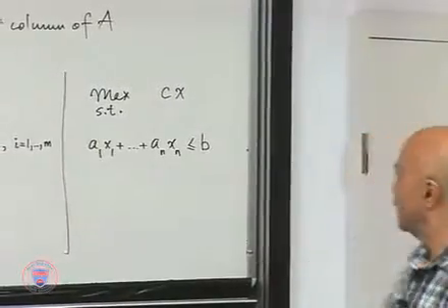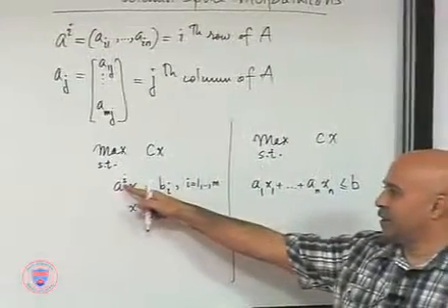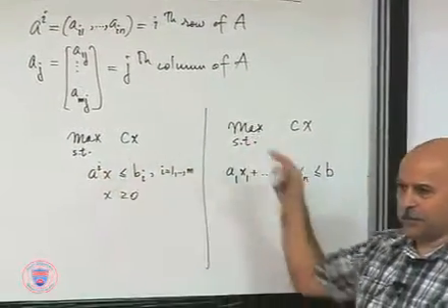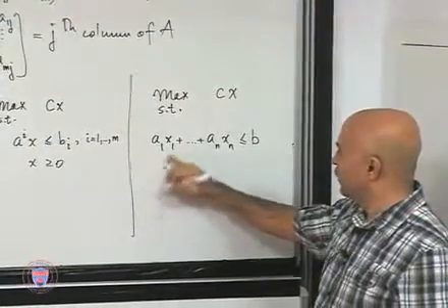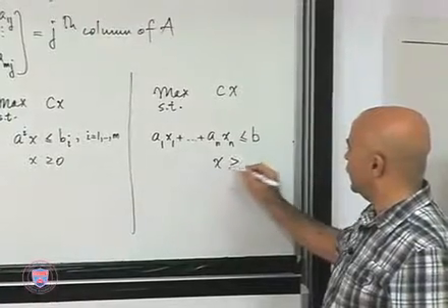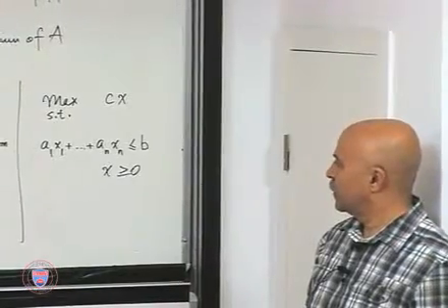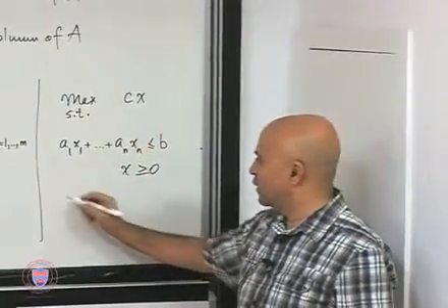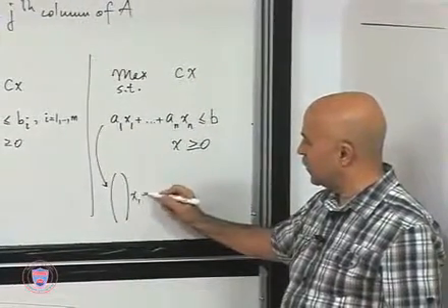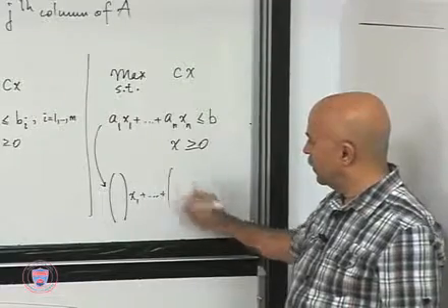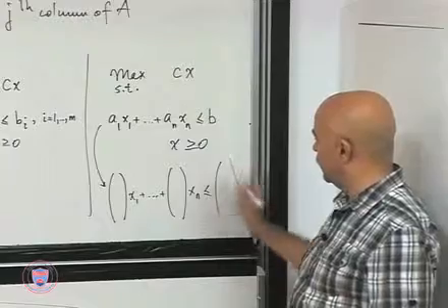Pardon? No, these are columns. In this one, it's a superscript because it's a row. This is a column. And of course, you've got also the x vector being greater or equal to 0. Okay? So in this case, this simply looks like this: a column times x1, so on and so forth, last column times xn, less or equal the right-hand side column.